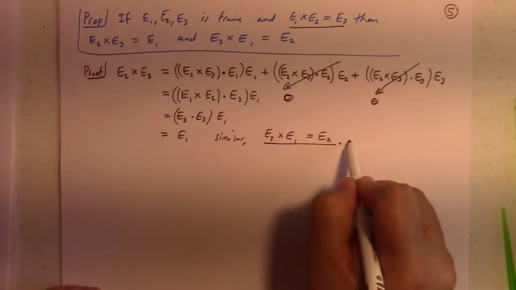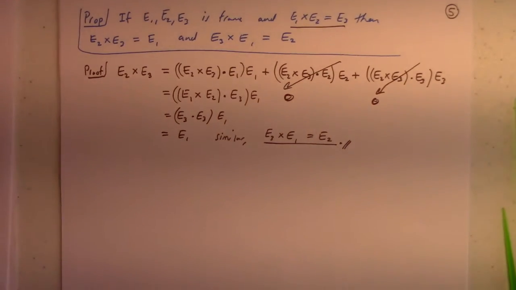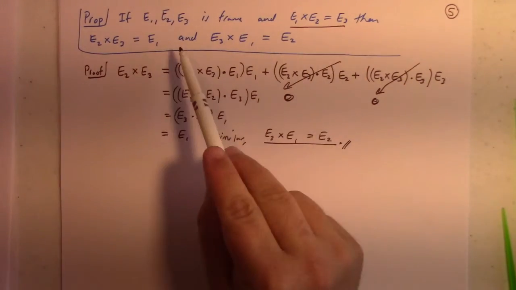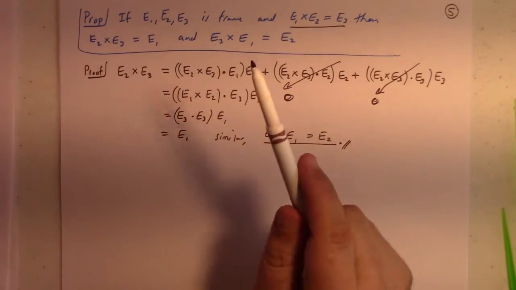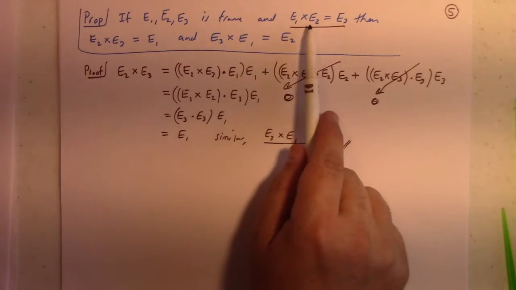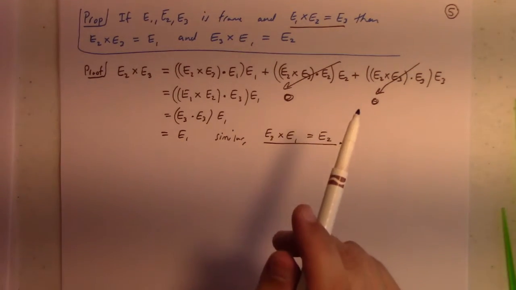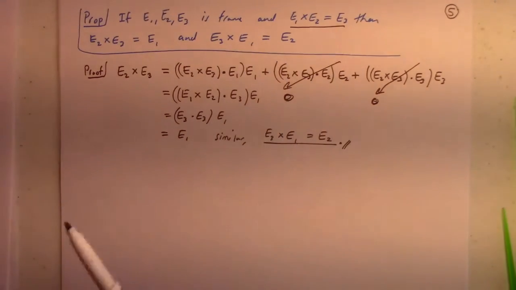Now this is really nice because it means to check that a frame has this nice so-called right-handed property, that the cross product of the first two gives you the third, and likewise these, it suffices just to check that the cross product of the first two is the third. Now, I guess you've got another option, right? You could say the cross product of the first two was minus the third.